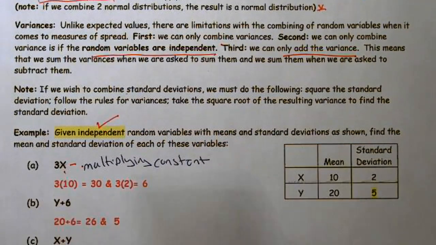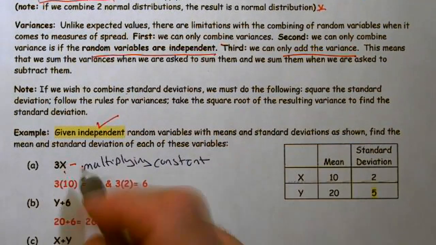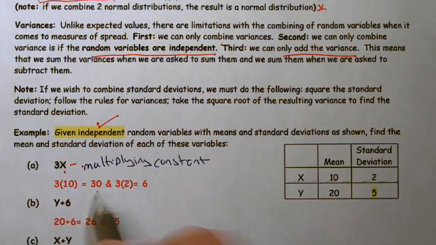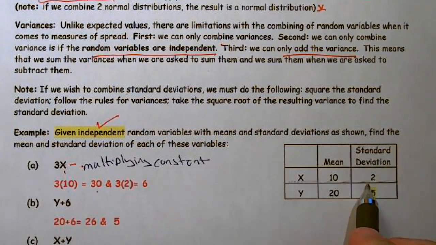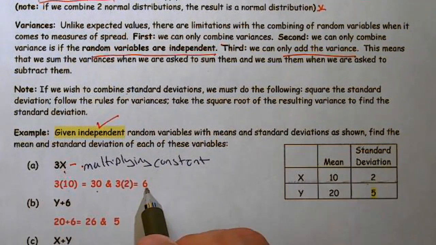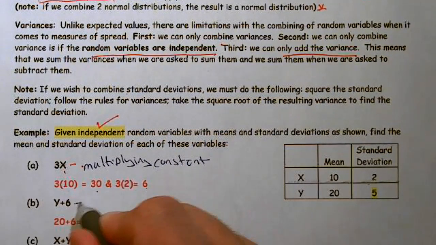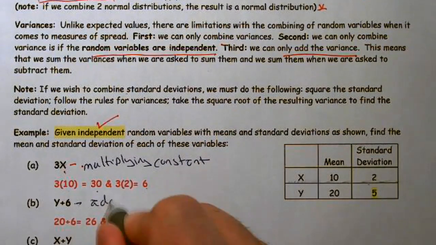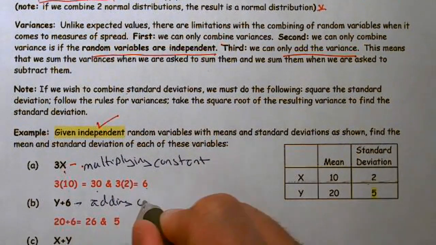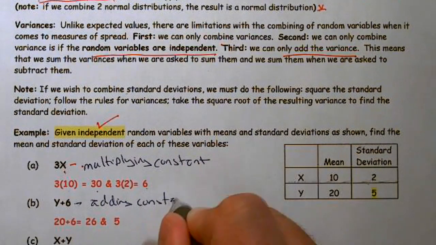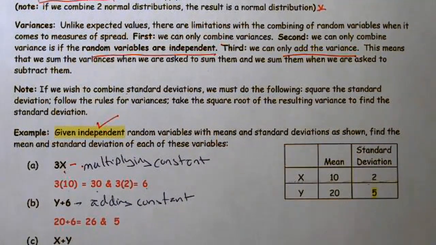So we have 3x. So that's going to be 3 times 10. That's 30, no problem. Standard deviation, we can multiply standard deviation. 3 times 2 equals 6. Piece of cake. This is adding a constant. And I should be saying to myself, wait a second, I have to be careful when it comes to adding constants. All right, I can add constants to measures of center.